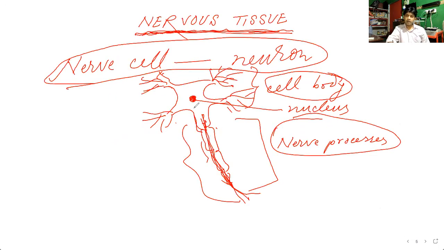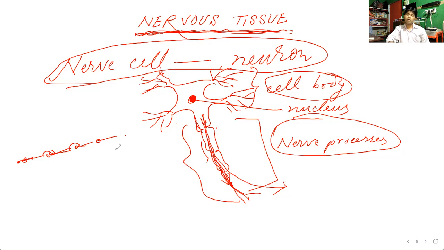And third difference, if you want to know, through the axon, the nerve impulses, that means those nerve responses, go out of the cell. Actually, you will learn in higher classes that these nerve impulses are produced, then carried from one neuron to another. Neurons are arranged one by one. So this response first enters one neuron, then goes out from that neuron and jumps to the second neuron, then the third, then fourth, like this.